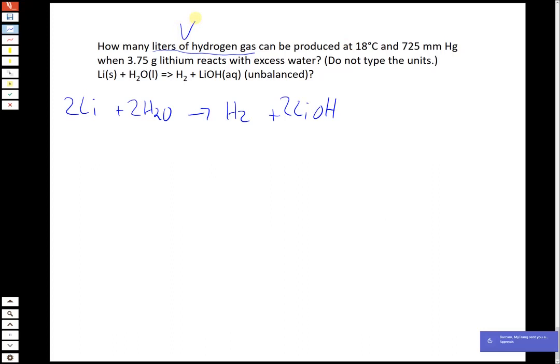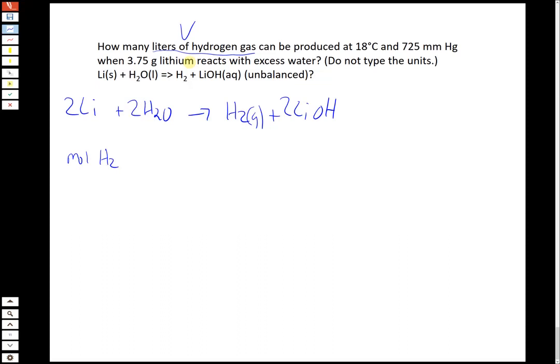Okay, so let's do the stoichiometry part first. Let's first find how many moles of hydrogen are produced, because PV equals nRT involves number of moles, so that's going to be the quantity of the gas phase substance we want to solve for. Again, hydrogen is the gas here. It wasn't indicated directly, but we're looking for hydrogen gas.